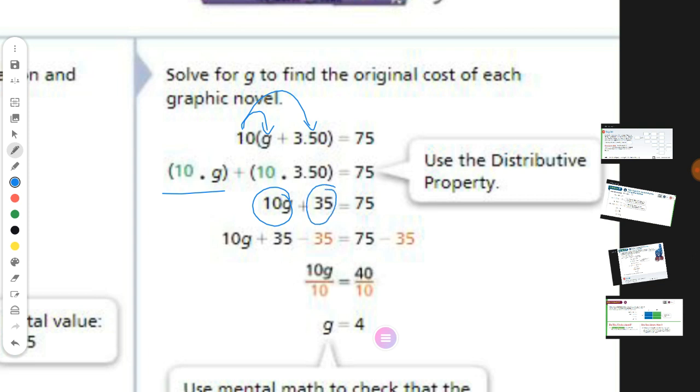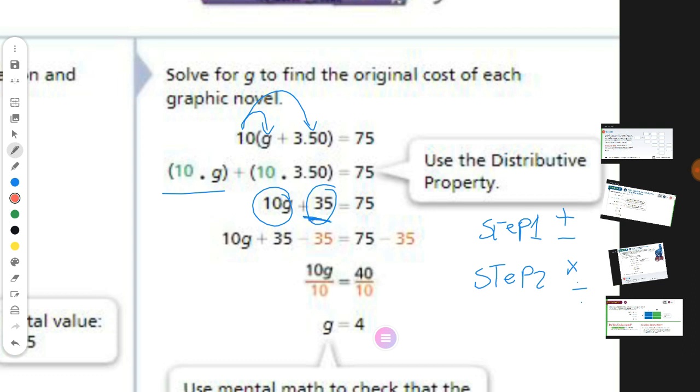Okay. Now we will use a two-step equation. As you remember, step 1 is about plus and minus. Step 2 is about multiply and divide. We're doing the opposite. So I need to isolate G, separated. First I need to remove the plus or minus number, which is 35. How?